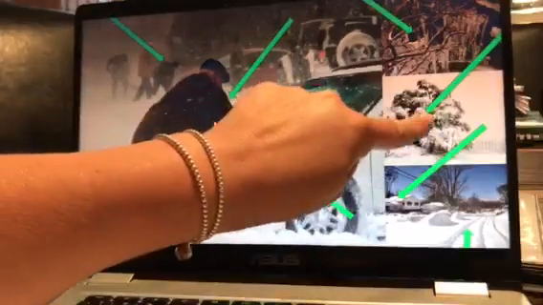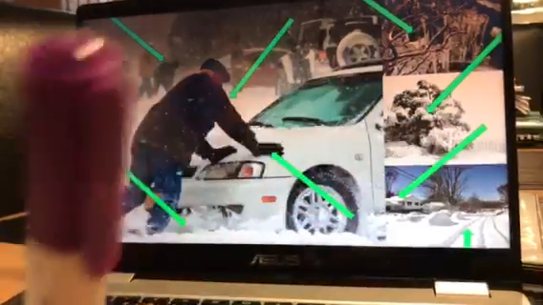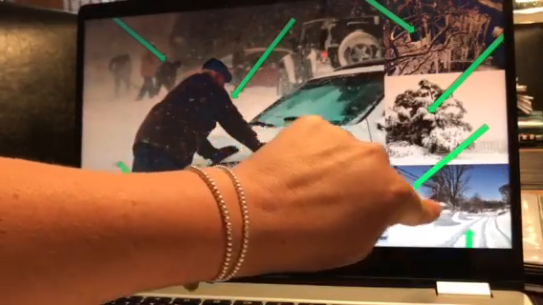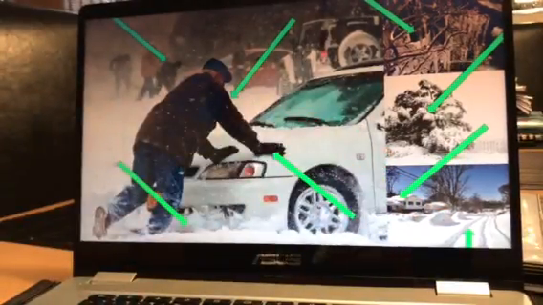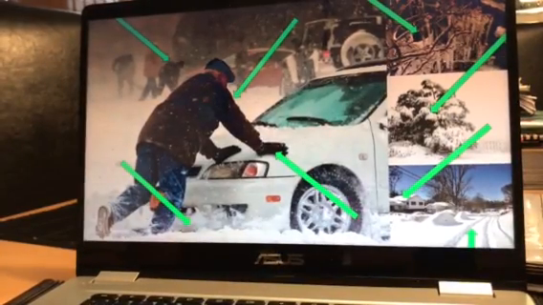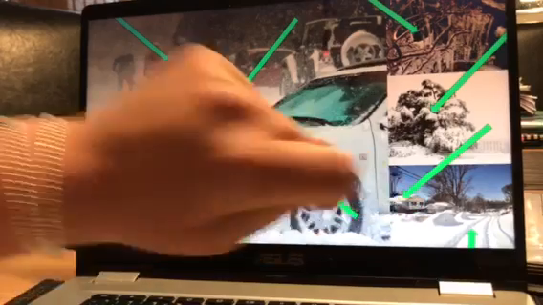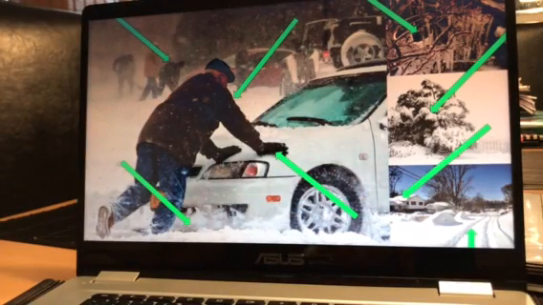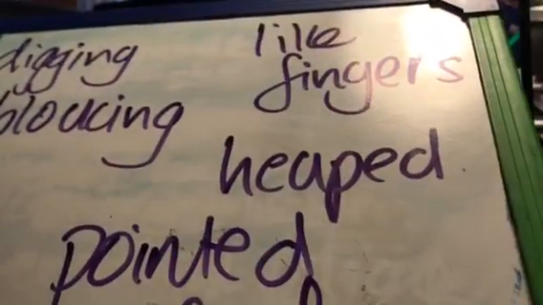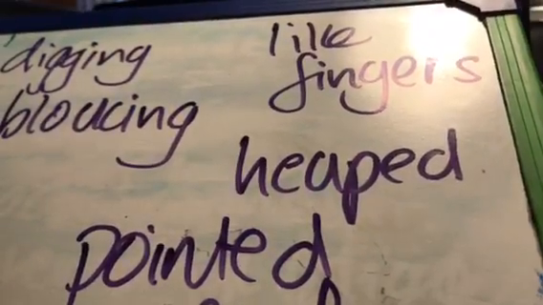We've got the snow heaped on the branches, and the pointed roof of the house here, covered in white snow. So we start to generate some ideas. Here are my ideas.